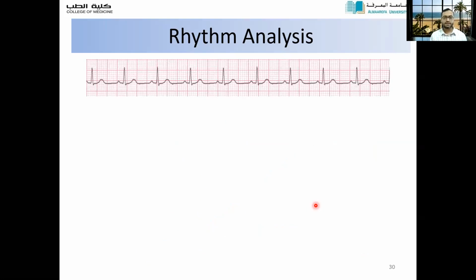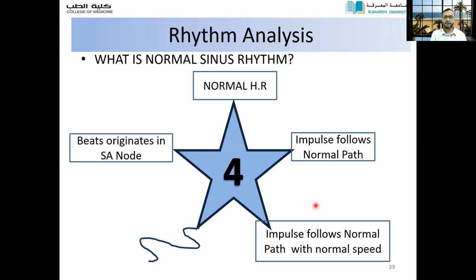So let's start analyzing the rhythm. Just now we have seen this star criteria. While looking at the ECG, we are confirming that the heart meets these criteria to be labeled as normal sinus rhythm. And how to do that?